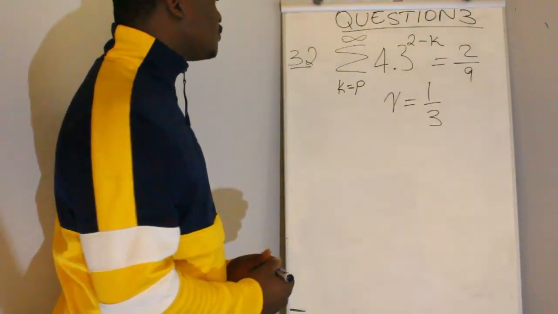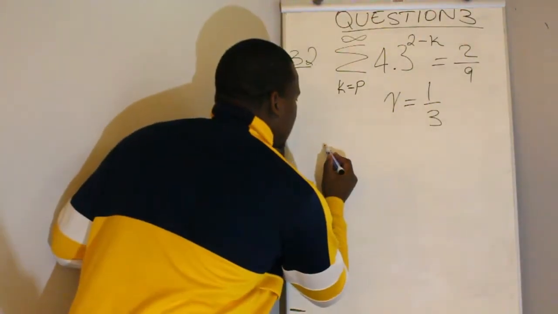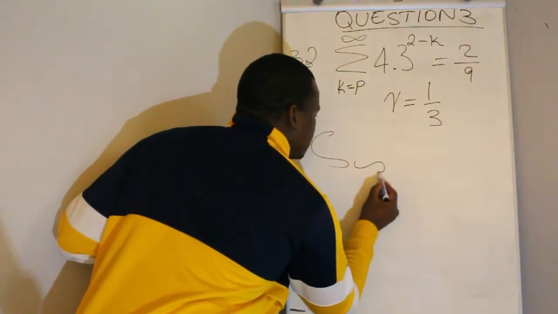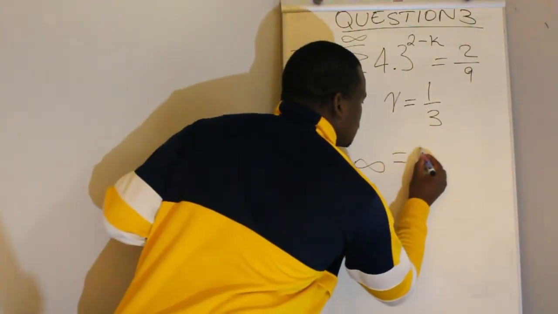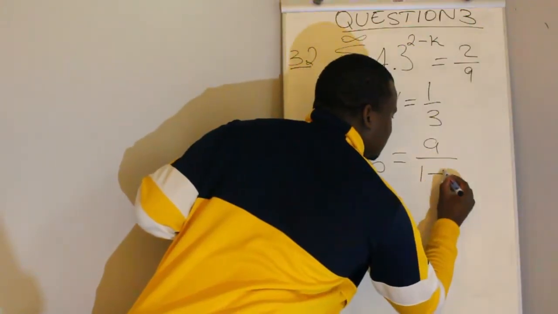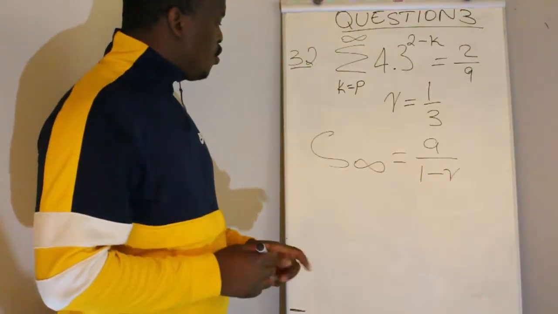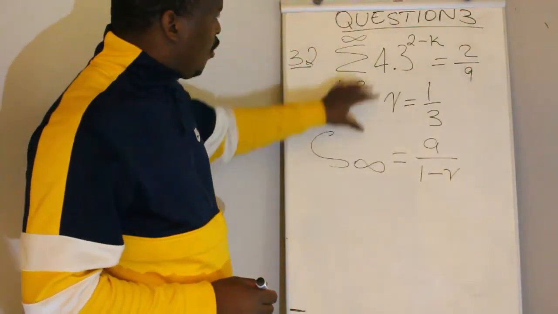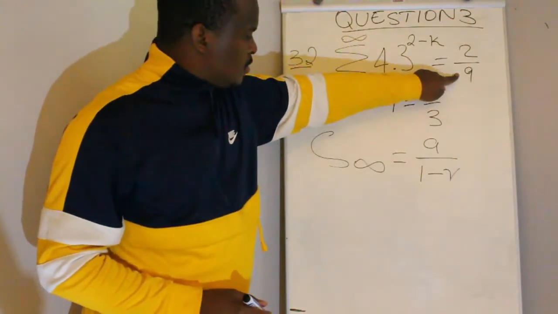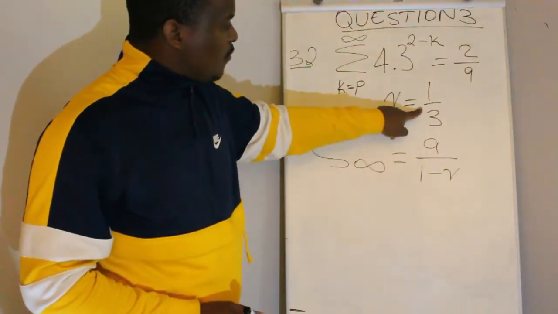For the second question, we know that the sum to infinity of a geometric series is equal to A over 1 minus R. We have the sum to infinity, it is 2 over 9. We have the common ratio, it's 1 over 3.